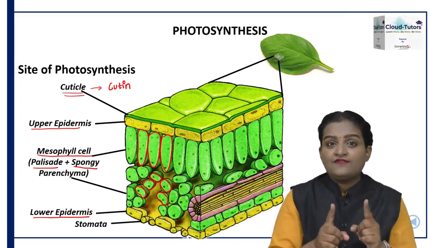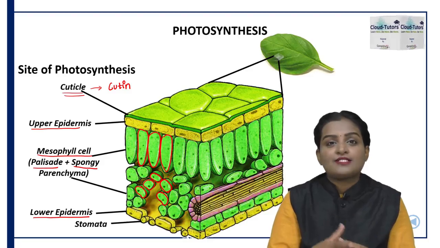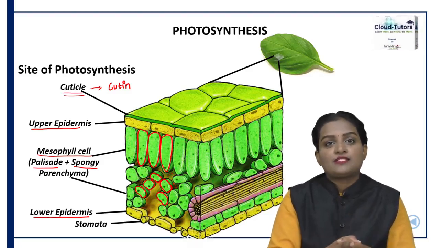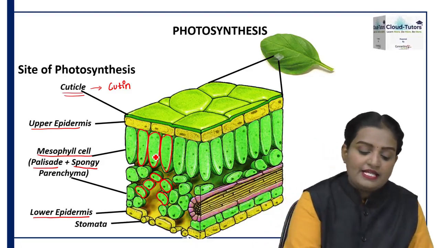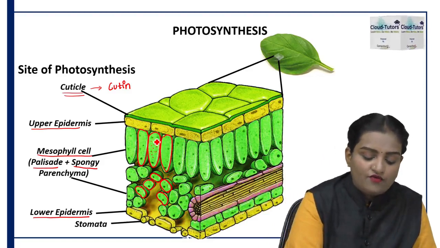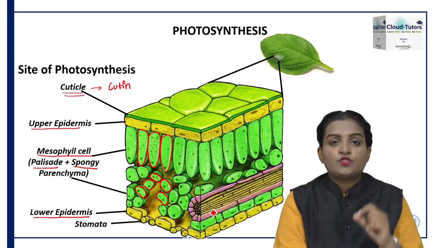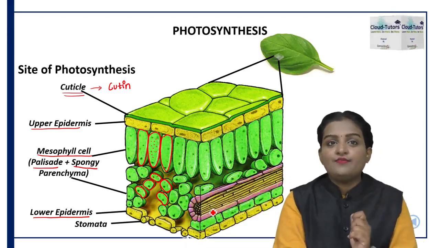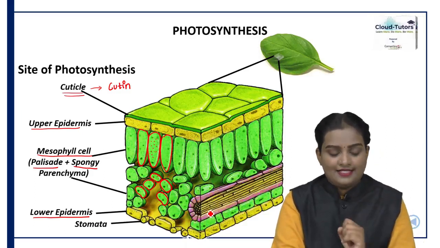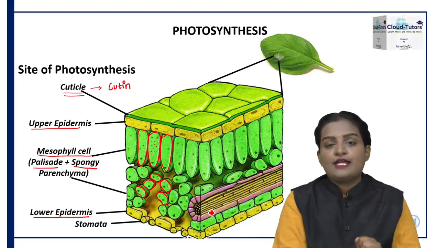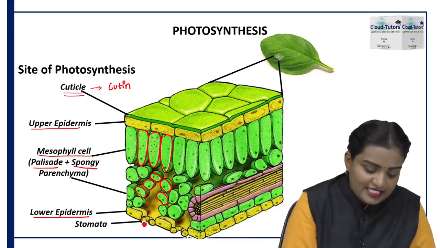So second difference is in the amount or number of chloroplast present in them. The palisade will have higher number of chloroplast compared to the spongy parenchyma. So more photosynthesis occurs in palisade parenchyma cells. Now in the lower epidermis, there are special cells here.